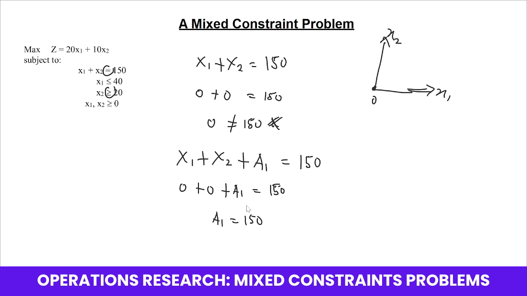So whenever in a maximization problem you have a constraint with an equal sign, you just add an artificial variable to it and you are good to go. So for our first constraint, we are done with it. When you transform it, this is what we are going to get in the standard simplex form.